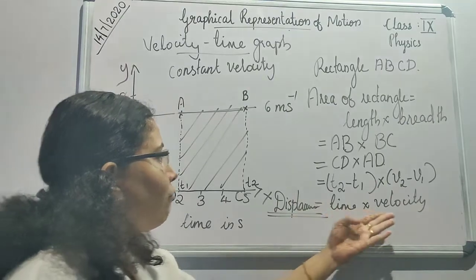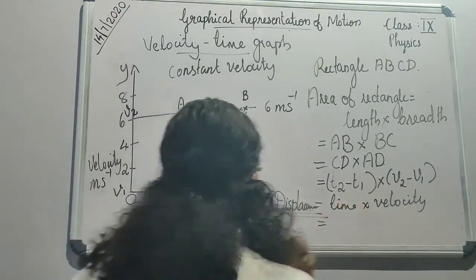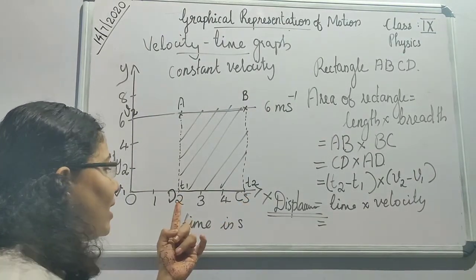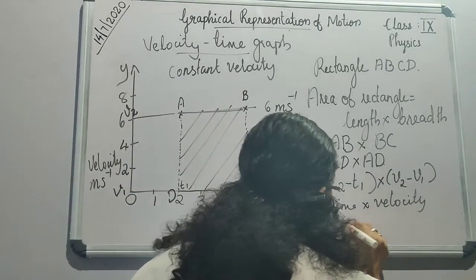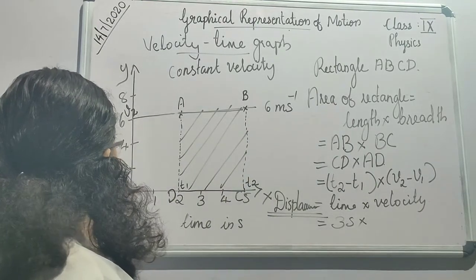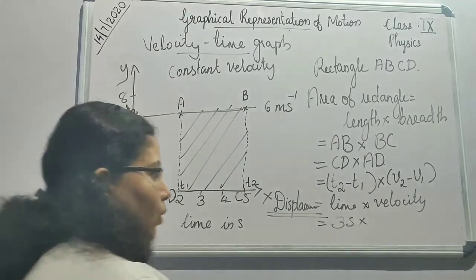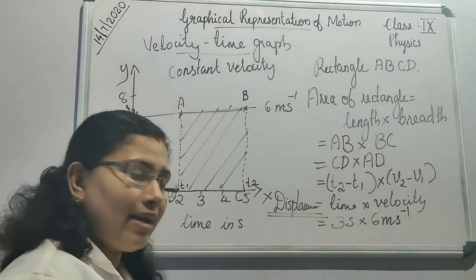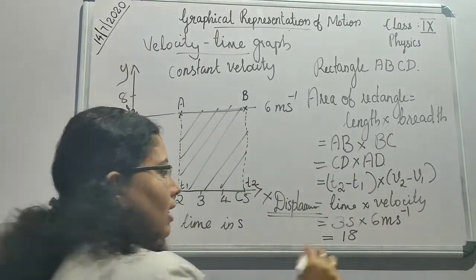So if I calculate the displacement here, T2 is 5 seconds and T1 is 2 seconds, so T2 minus T1 is 3 seconds. The velocity V2 minus V1 is 6 minus 0, that is 6 meter per second. So what is the displacement of the object?